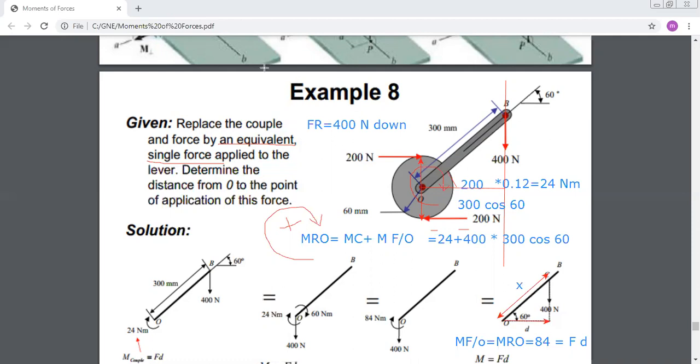So I can say this is equal to, I replace F by its value, 400 times x times cosine 60. The only unknown in this equation is x. So in this way, I found what is the distance I should displace my force on arm OB in order to have one force replacing the whole system.